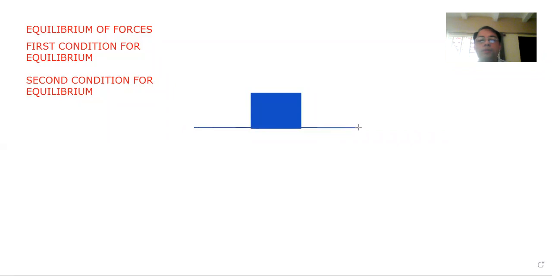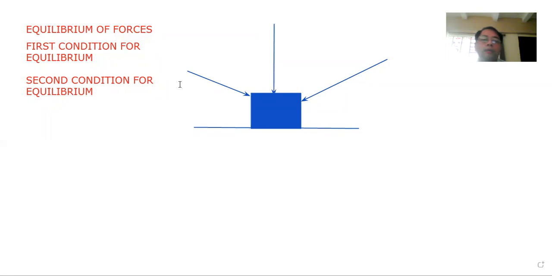So if we position that on a floor, it's impossible that forces will not act on the object. Maybe there will be several forces going into this body. It's highly unlikely that there's only a single force acting on this object.